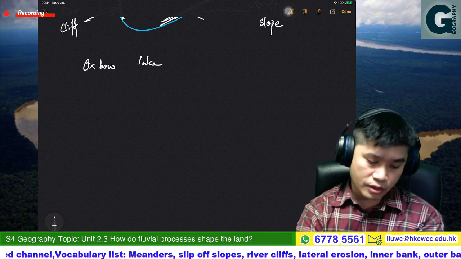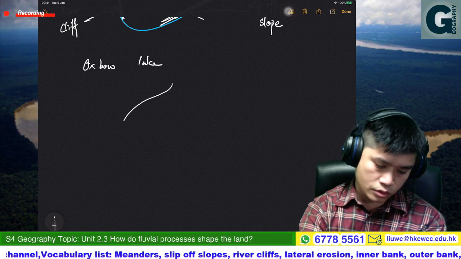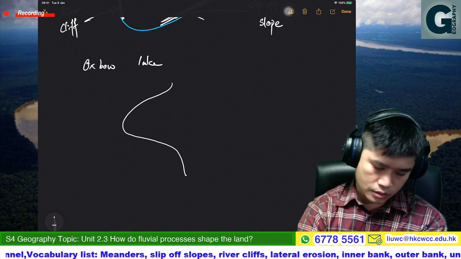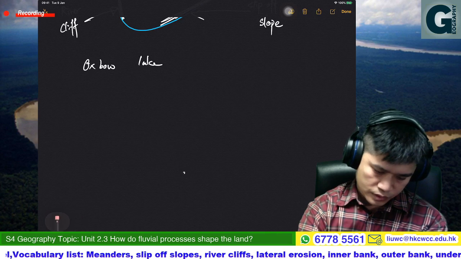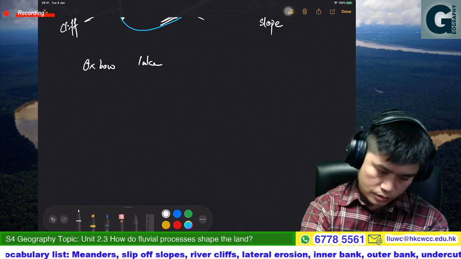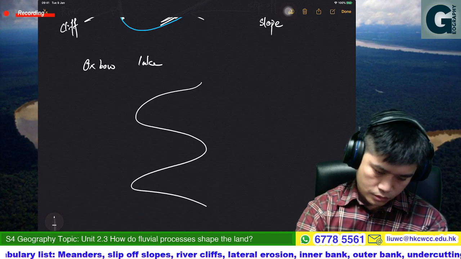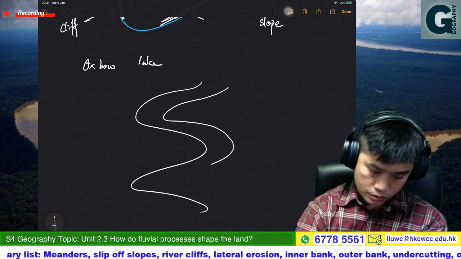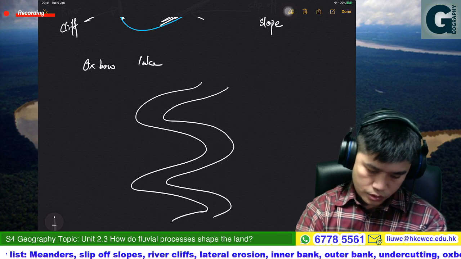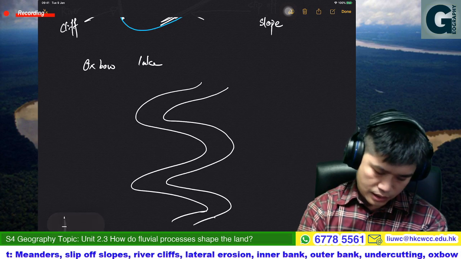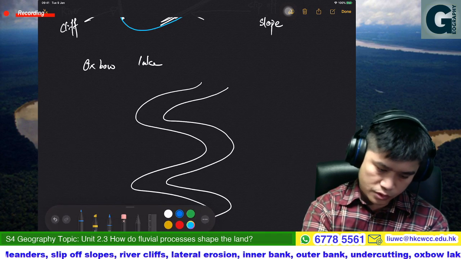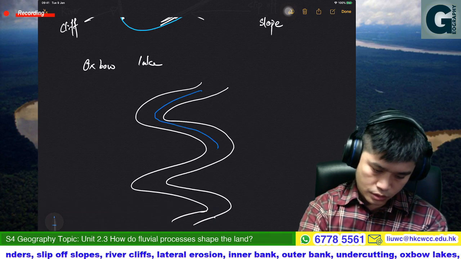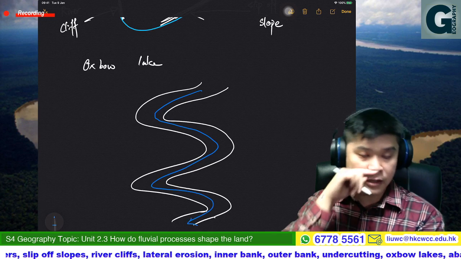So therefore, here, let me draw a meander first. Meander, okay, and the water flows from the upstream to downstream.